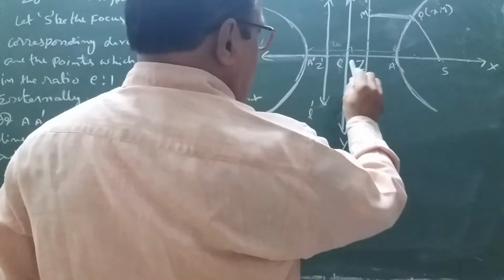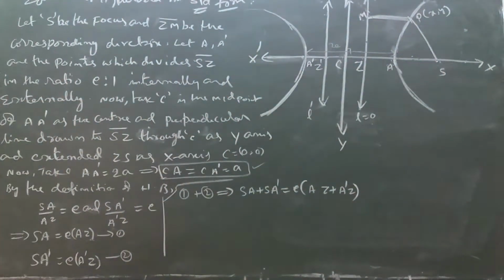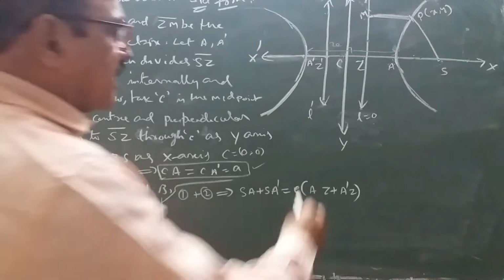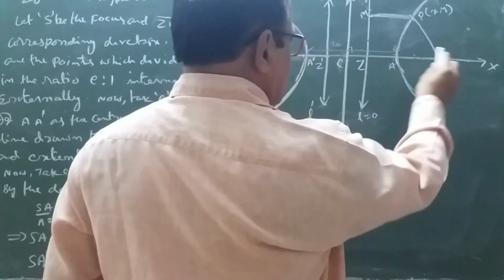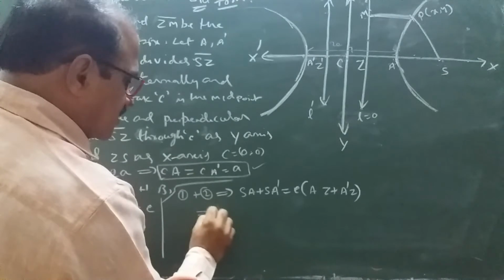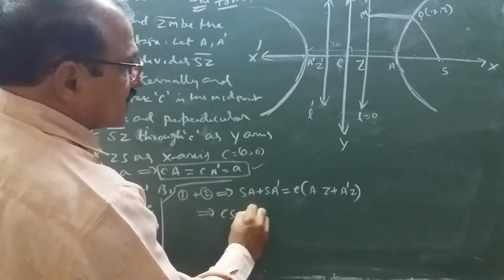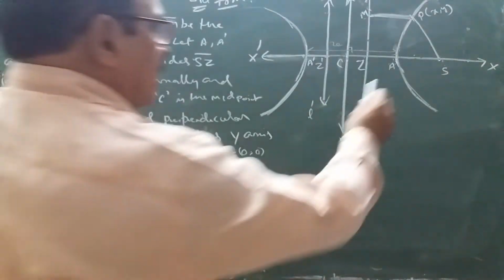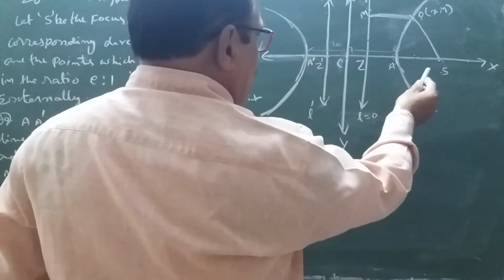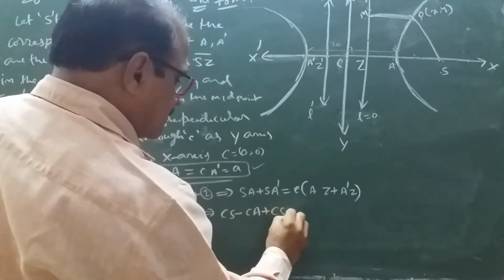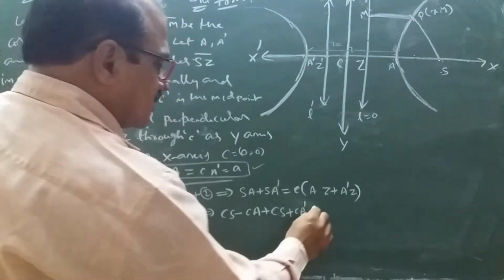SA can be written as CS minus CA, the distance from the origin. Similarly, SA dash can be written as CS plus CA dash.